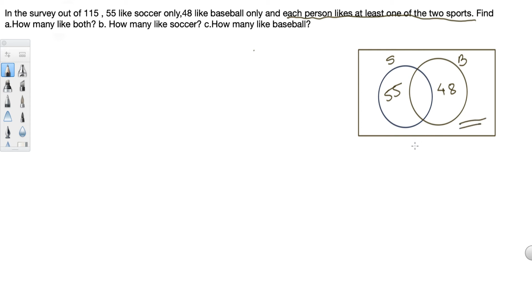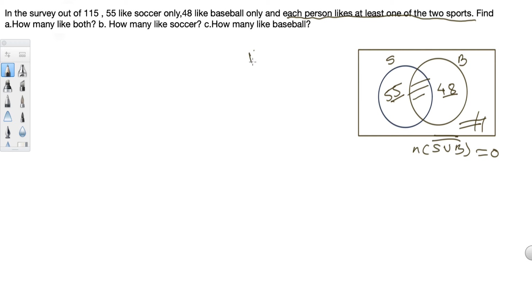So n((S union B) complement) in this case is 0, because each person likes at least one of the two sports. So out of 115, 55 is here, 48 is here, nobody is here. That means the remaining out of 115 will be over here.